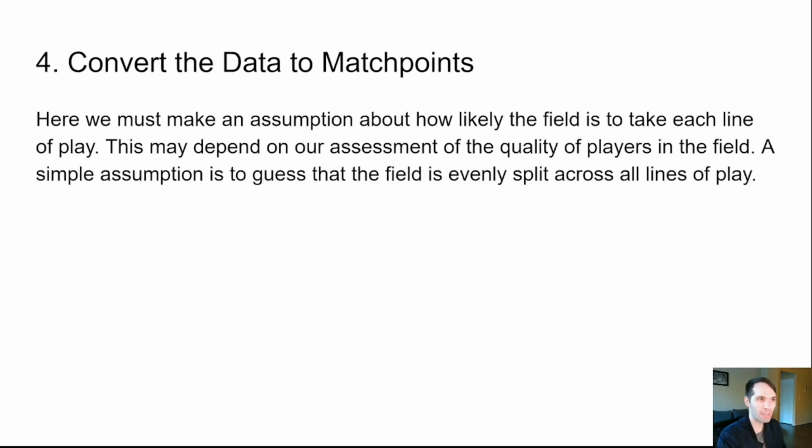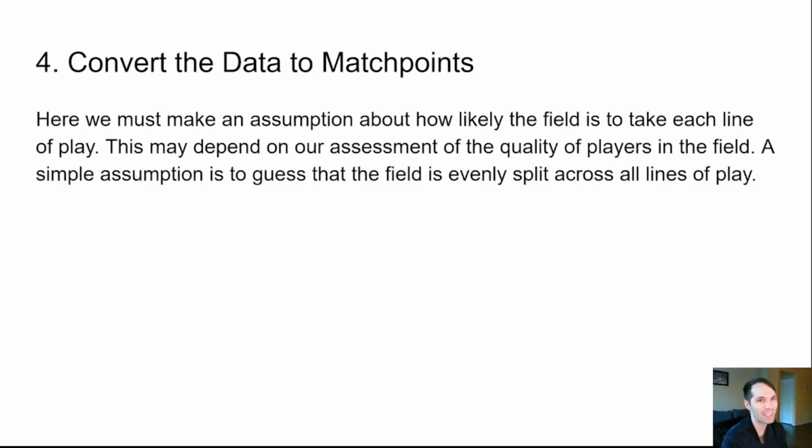This can easily depend on our judgment of the quality of players in the field. Certain lines of play might be appealing to weaker players, whereas a different line of play might be appealing to stronger players. Especially if you can't really do all of these calculations, like what we have just done in terms of building a giant table or spreadsheet with 48 different entries in your head while you're playing the game.